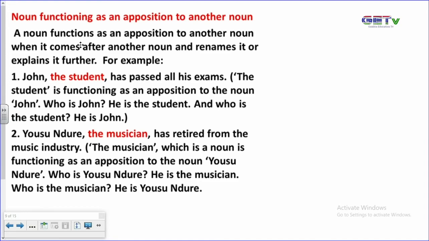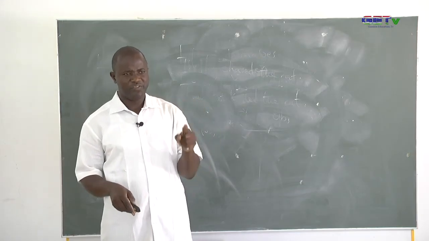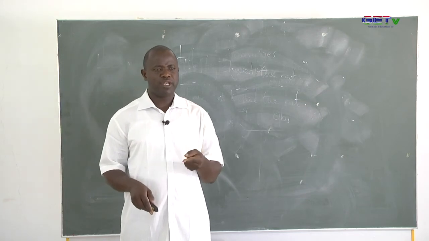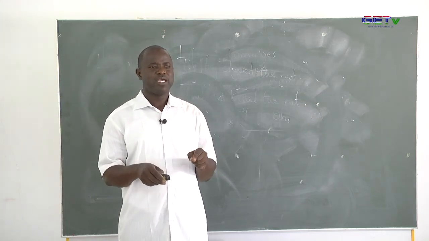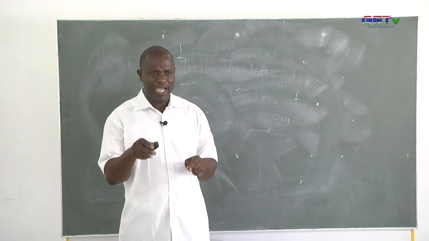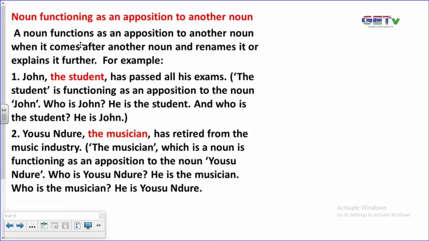And that will take us back to our definition. It says a noun functions as an apposition to another noun when it comes after another noun and renames it or explains it. If you look here, we can simply say John has passed all his exams.